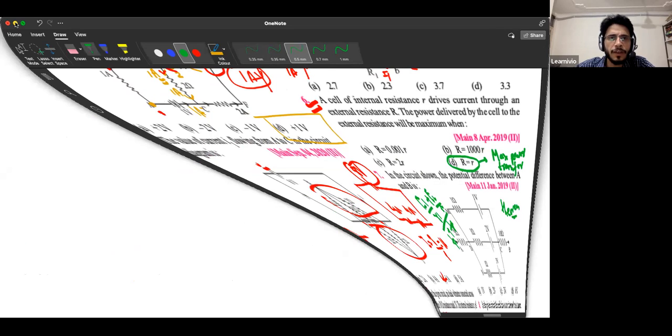You have notes of current electricity? Akshay, Miraj, Minashi, does anyone have notes of current electricity? Just check those notes and tell me, did I mention this formula there?